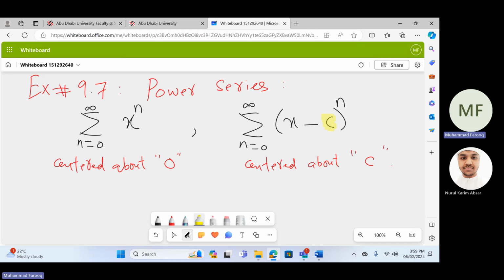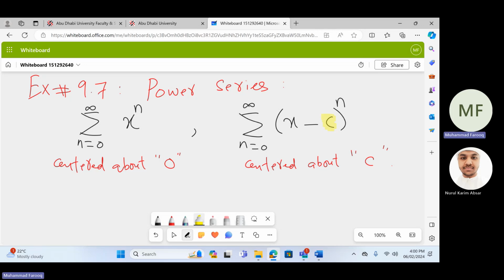Do you understand the difference between them? This one is centered about zero, and this power series is centered about this point c.